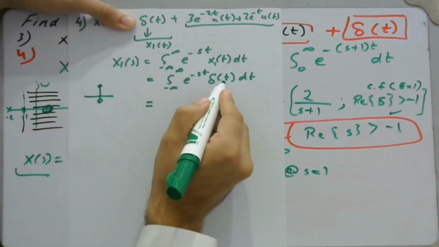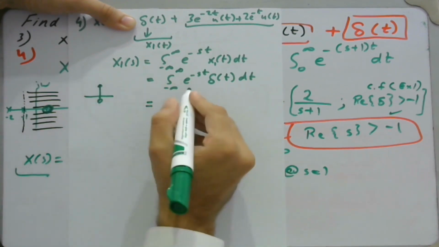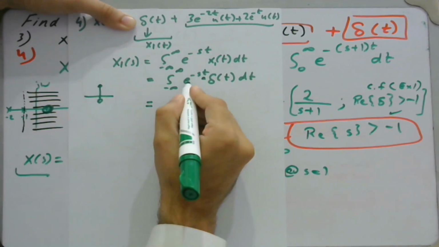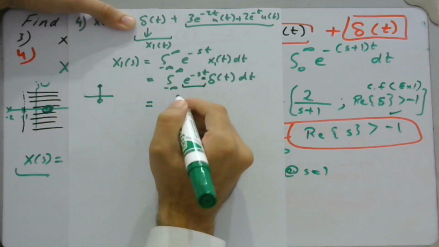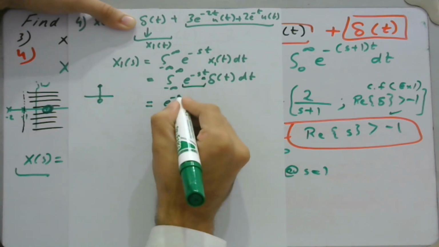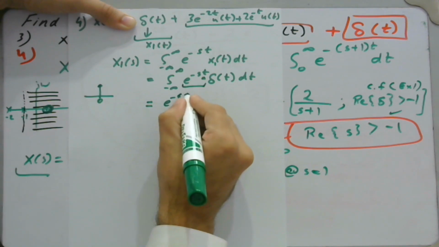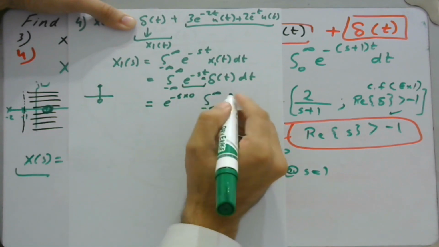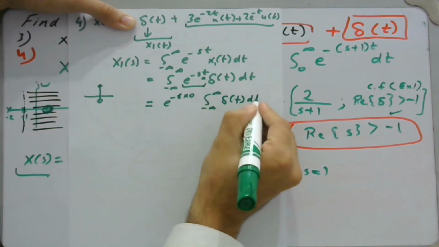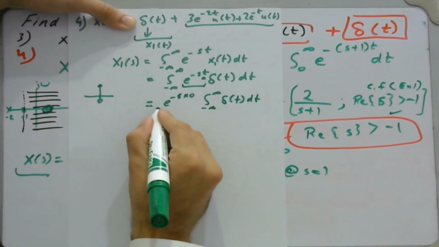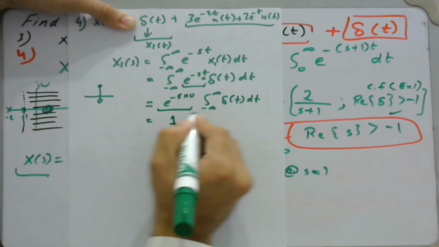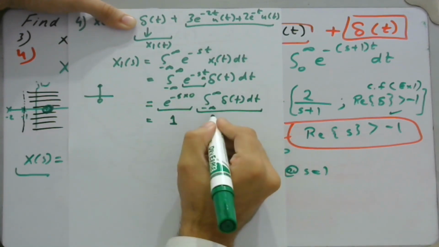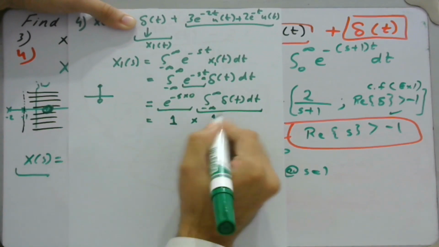For the rest of the time the value is 0, and for time 0 we have an impulse. This means that if we multiply these two signals together, this t would turn to 0, and simply we can say this whole thing is e to the minus s times 0, and this is the integral from minus infinity to infinity of delta of t dt. The exponential of 0 is simply 1, and the area of the Dirac delta function is also 1. So we have just 1.